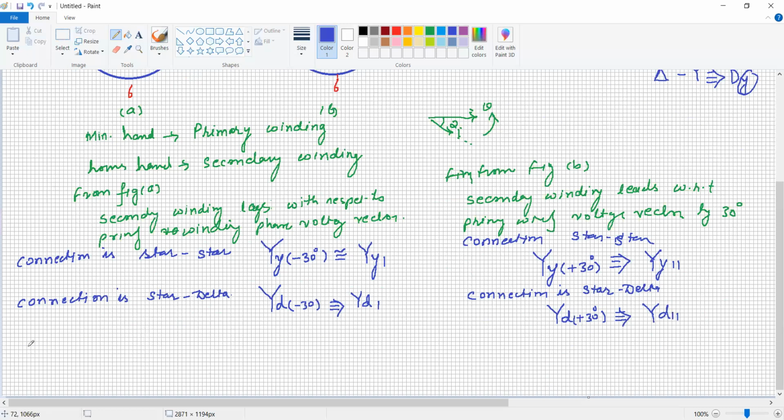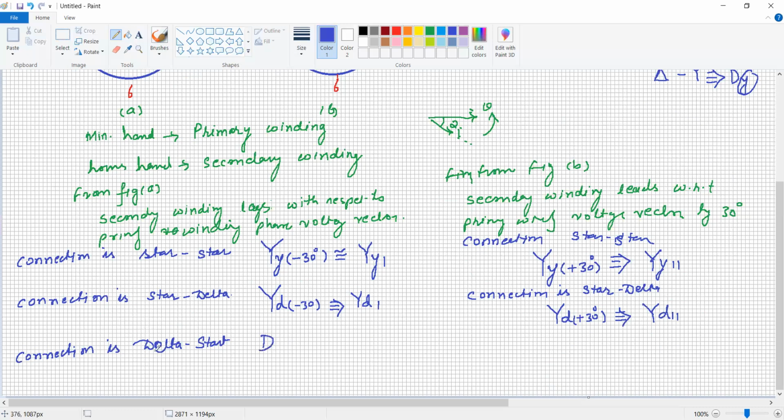Okay. Similarly, if the connection is delta star, this type of connection is generally used in the distribution transformer. The primary winding is delta and secondary winding is star connection for the single phase load as well as three phase load. So it is a delta connection.